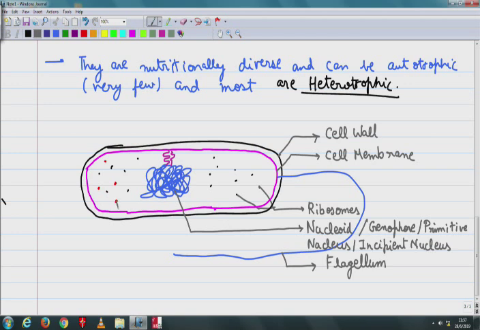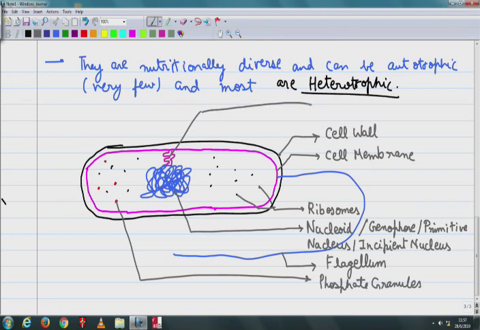These are phosphate granules, cytoplasmic inclusion. Now this structure here is the mesosome. Okay.